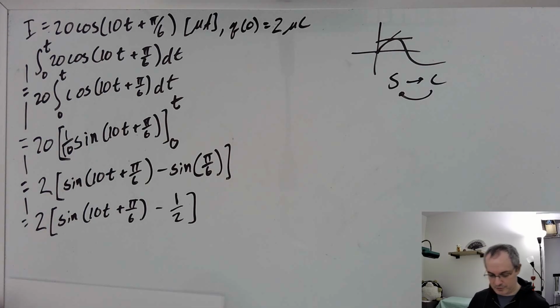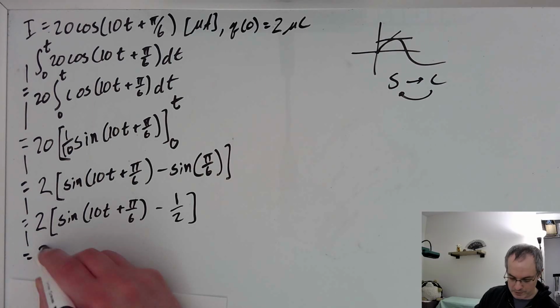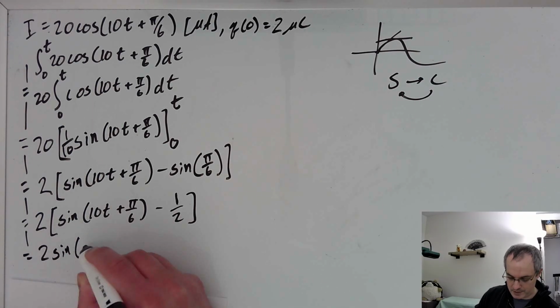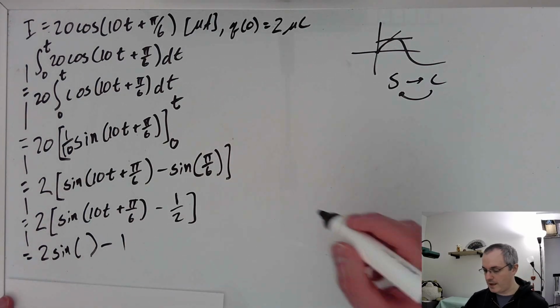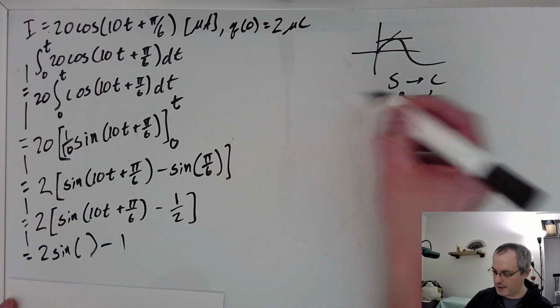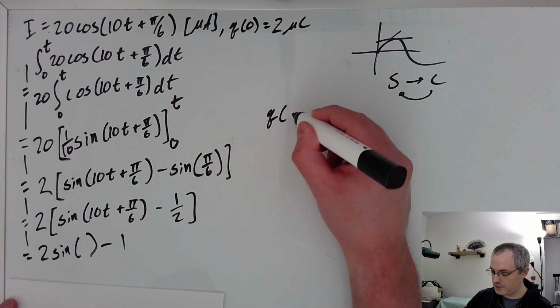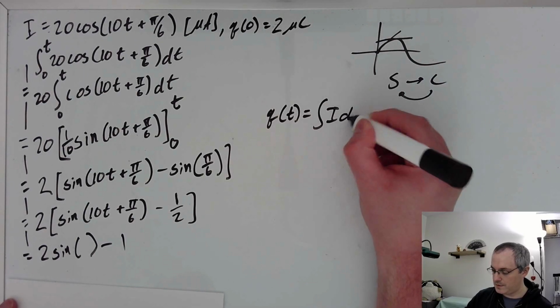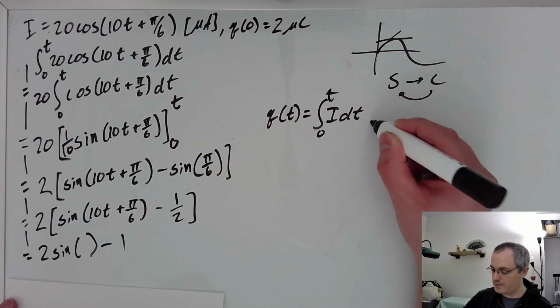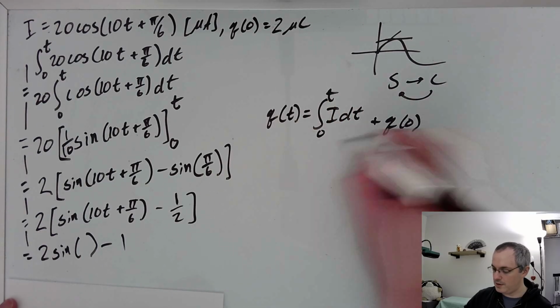Yeah, let's distribute this 2 before we move on. Let's go 2 sine. I'm just going to write that, and we'll all know what that means. Minus 1. All right, so that's the integral, and we know that the charge at t is equal to that integral plus the initial charge.